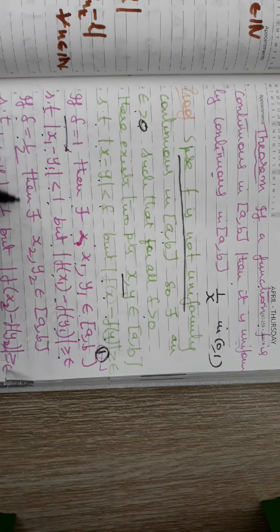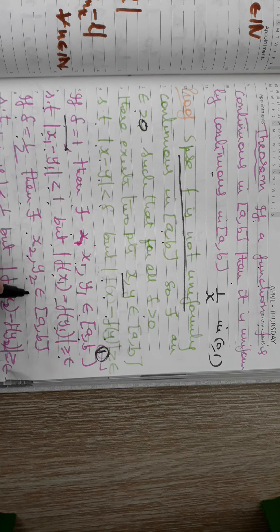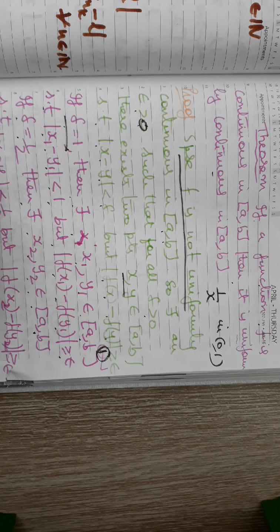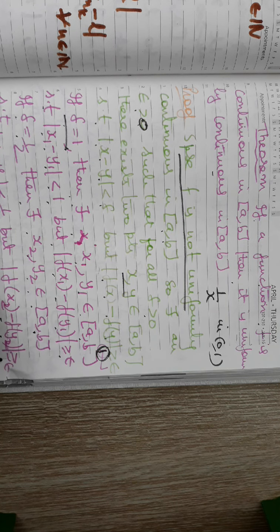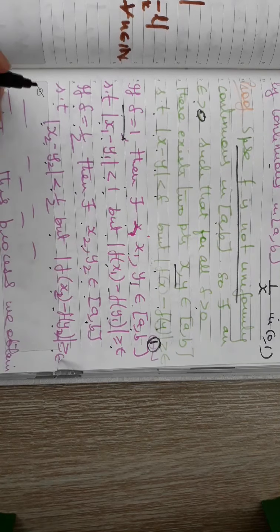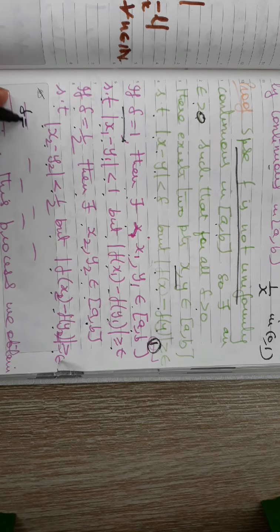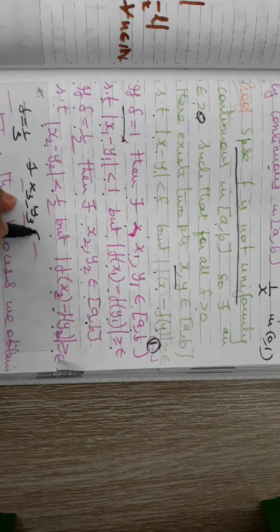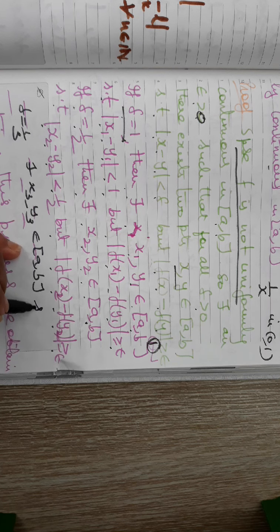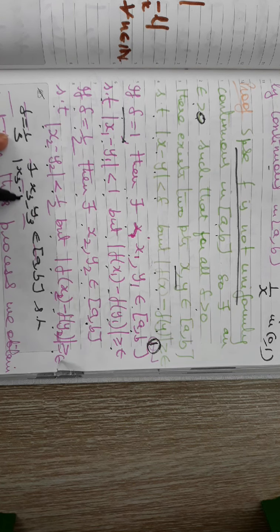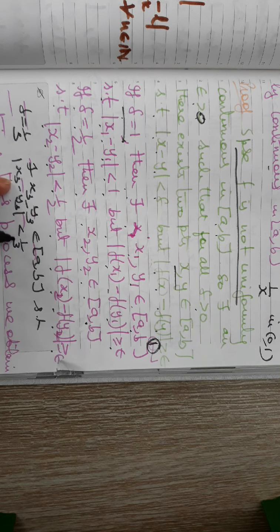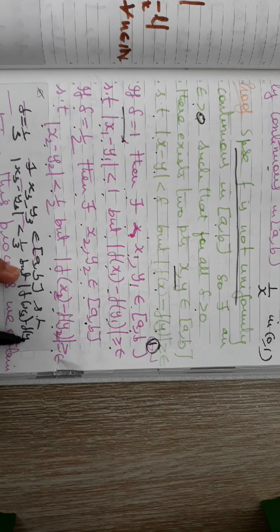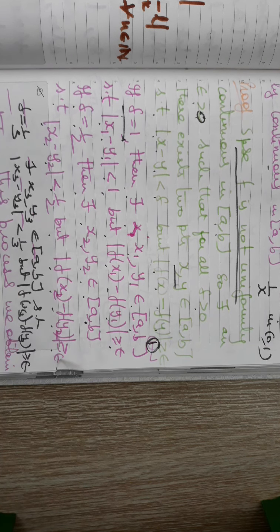If delta is equal to 1/2, again you can find points x2, y2 in closed interval AB such that |x2 - y2| < 1/2, but |f(x2) - f(y2)| >= epsilon. Similarly, if you take delta equal to 1/3, then there exist x3, y3 in closed interval AB such that |x3 - y3| < 1/3, but |f(x3) - f(y3)| >= epsilon.